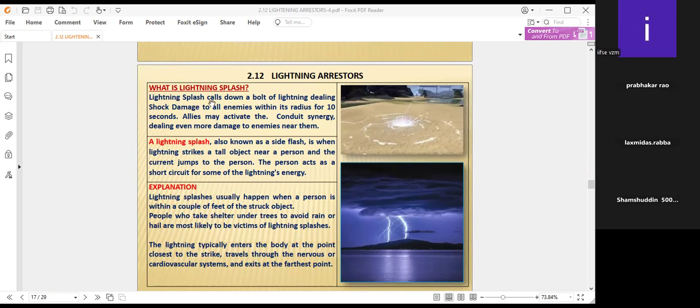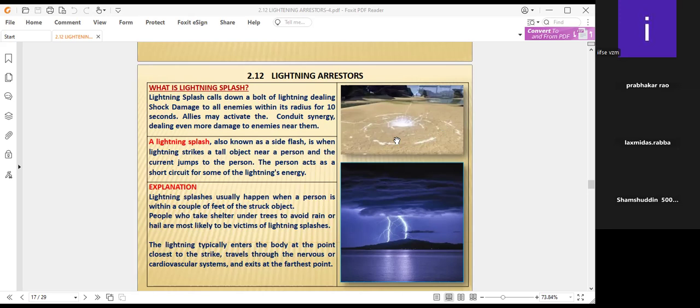The lightning flash calls down a bolt, that means an area covered by lightning, dealing shock damage to all the objects on the earth within the radius, within seconds. The radius covered is more where the flash is more.